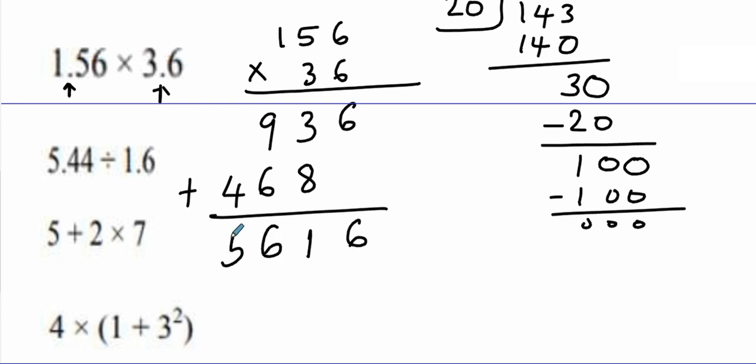This is 5. So how many decimal places are here? 2 decimal places. 1 decimal place, total 3 decimal places. So count 3 numbers from your right. So you have 1, 2, 3. So keep a decimal point over here, and this becomes your final answer. So what you write here, 1.56 times 3.6, the answer equals 5.616.